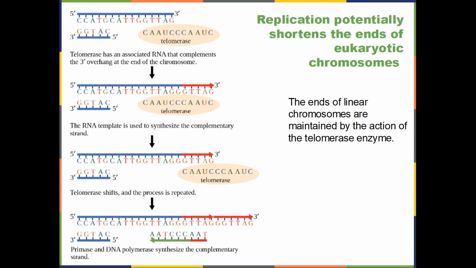We have one side that can't be extended all the way, that can't be replicated, right? This is part of that issue we talked about earlier, the Okazaki fragments, where the DNA essentially doesn't have a way to start because it's at the end of the DNA.